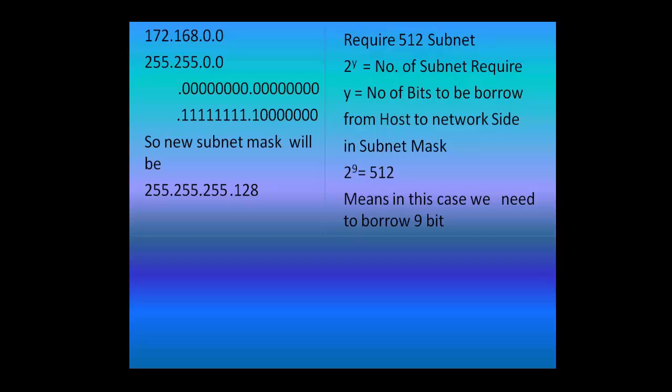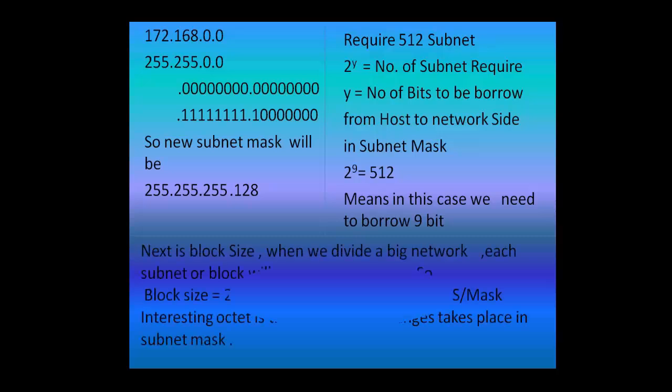Now we have to consider two interesting octets, the third octet block size and the fourth octet block size. Simultaneously we have to take two block sizes, for the third octet and for the fourth octet, because variation comes in 2 octets.